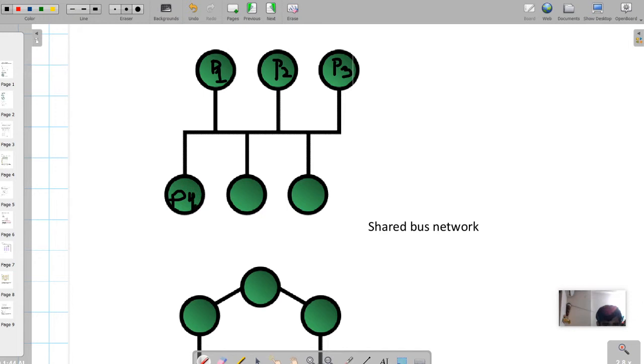Whenever, say, processor P1 has to send some message to another processor, what will it do? It will put a message onto this shared bus mentioning the address of the other processor with which it wants to communicate.